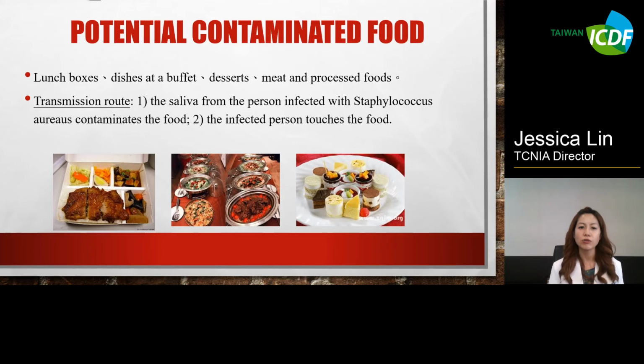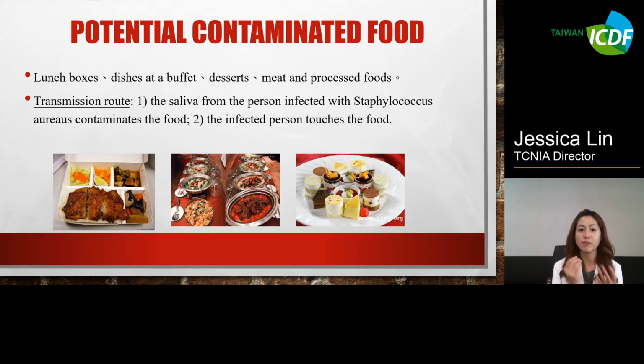The transmission routes include, for example, saliva from a person infected with Staphylococcus aureus contaminating the food. If I sneeze and the saliva gets into the food that I'm preparing, then I have contaminated the food through saliva.